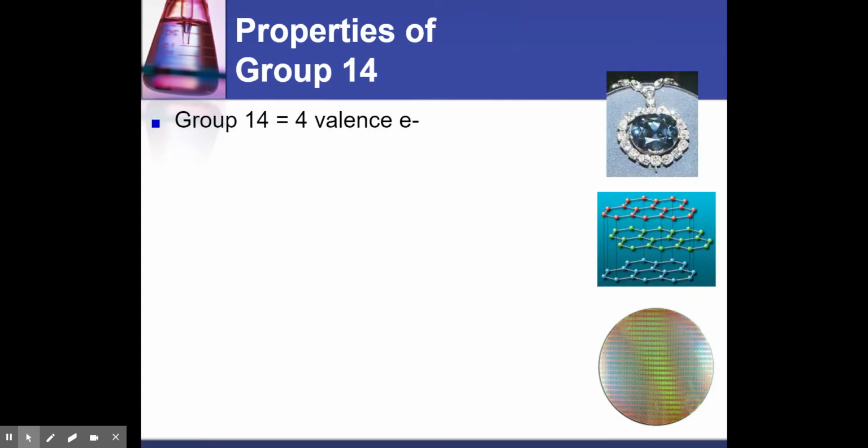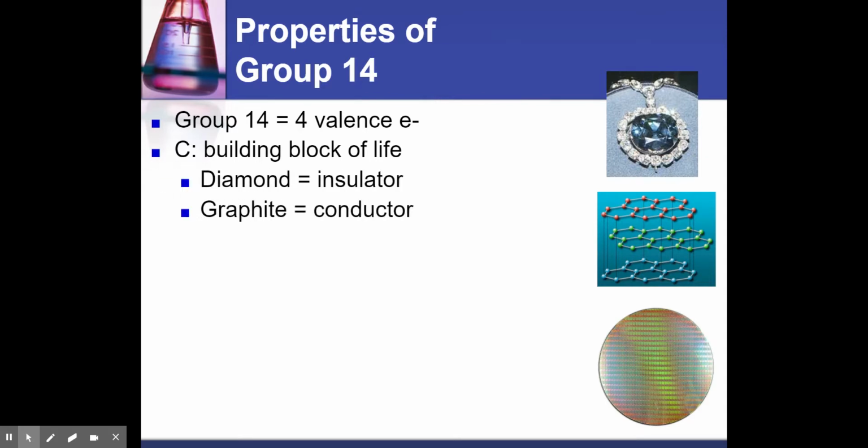Now, group 14 has 4 valence electrons, and this has carbon at the top of this group. It is the building block of life. Diamonds and graphite are 2 different forms of carbon that have really different properties. Diamonds are very, very strong. Graphite is very soft, and it's got these layers that will come right off your pencil and stick to the piece of paper.